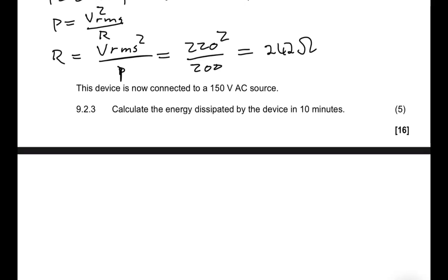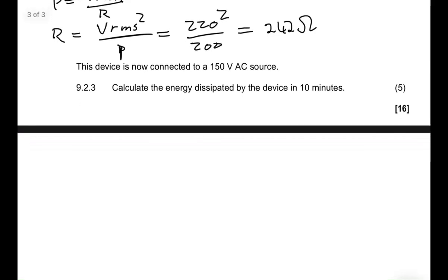And we can move to 9.2.3. 9.2.3 says that this device is now connected to a 150 volts AC source. Calculate the energy dissipated by this device in 10 minutes. So again, problem solving 101. Let's write down the information we have before we do any calculation.